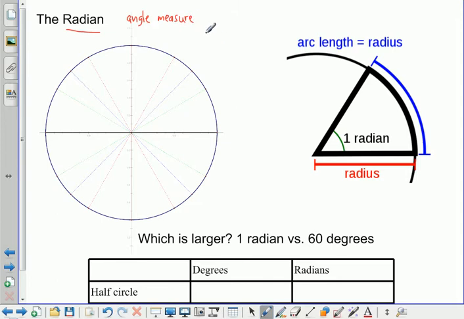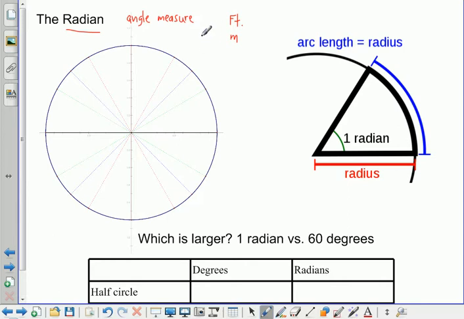I would compare it to a different unit. For example, some people use feet and some people use meters. The distance from the school to your house, you could measure it in several different ways, meters, inches, but the distance does not change.